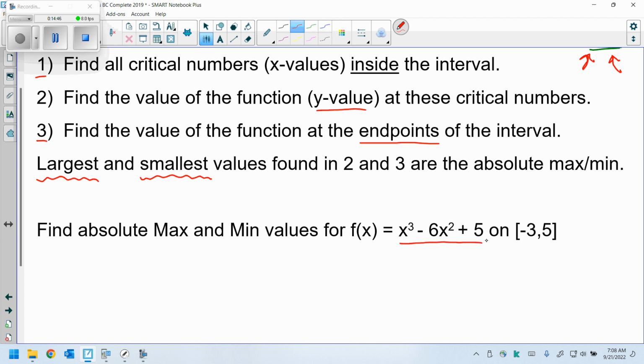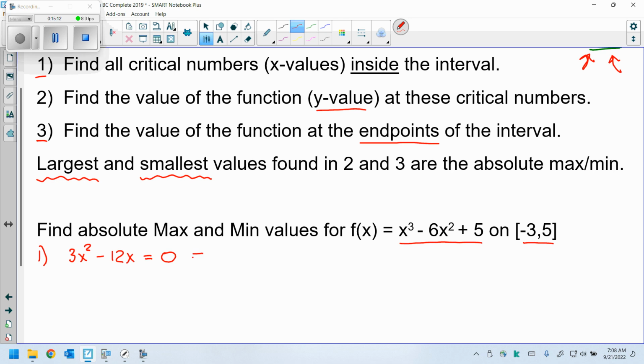Here's our interval. Well, step 1, let's find the critical values. Let's take the derivative and set it equal to 0. This derivative exists everywhere, so I'm not going to be concerned about where it doesn't exist. But let's find where this is equal to 0.